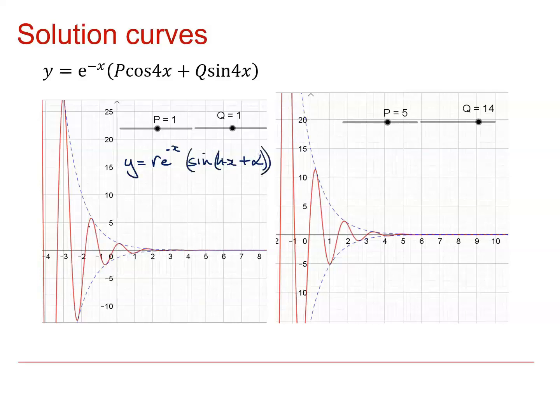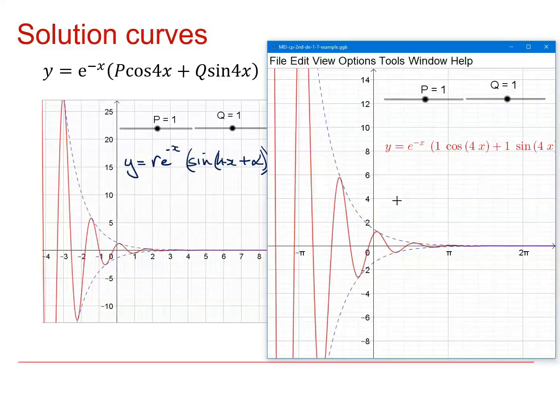And if I look at these two plots here, this curve here, the blue dotted line, is actually R e to the minus x. And so what's happening is that this red line, the plot itself, is an oscillating function. It's a sine type function oscillating with a frequency of 4, and it's oscillating within the confines of this R e to the minus x function.